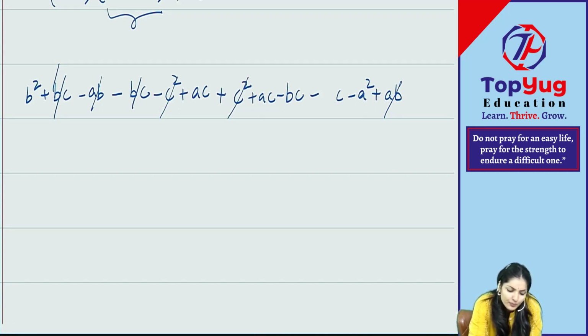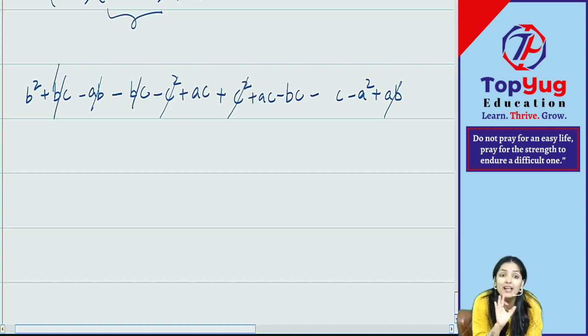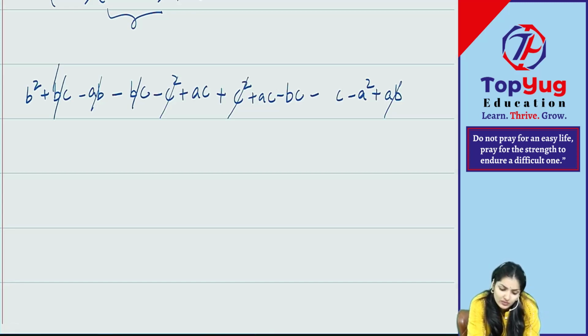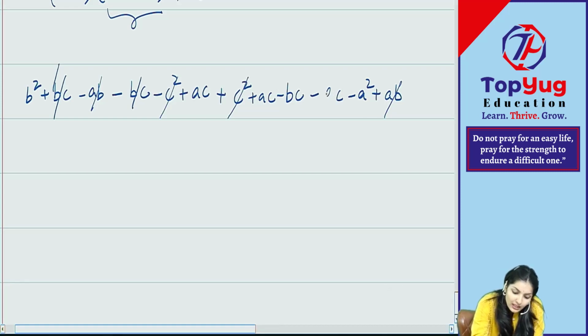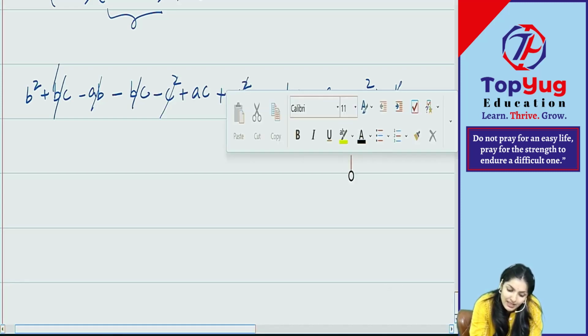Both of them are plus. I did not write the last one yet. This one: c square plus ac minus bc, minus ac, minus a square.